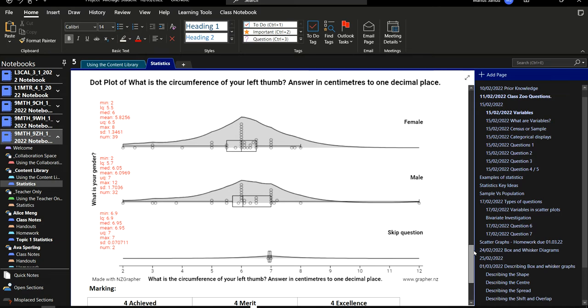There is a huge overlap. The interquartile range of boys is greater than that of girls. Interquartile range is the range between lower quartile and upper quartile. So this one is greater for boys than for girls. The medians are 6.05, very similar. All right.